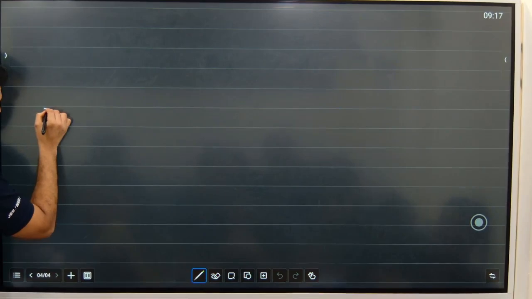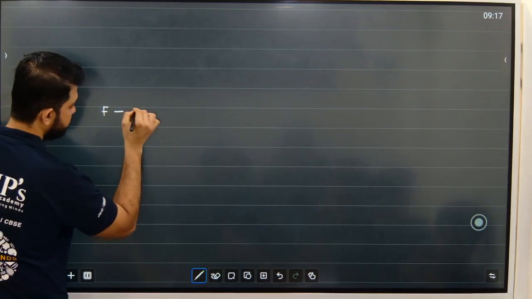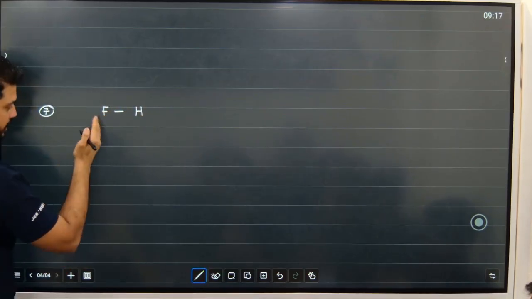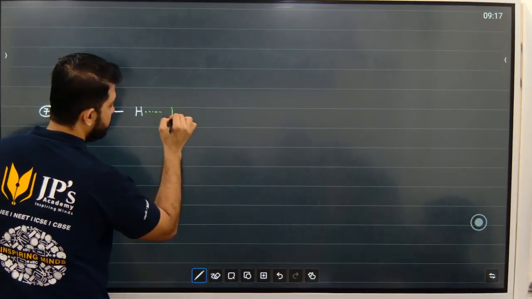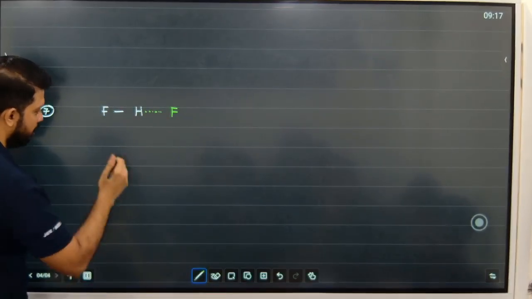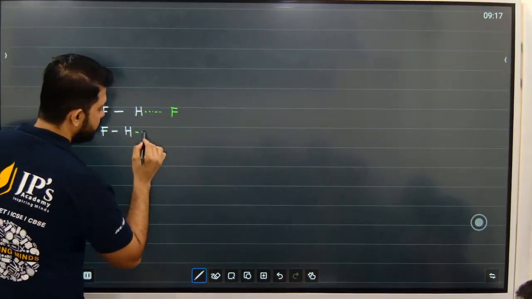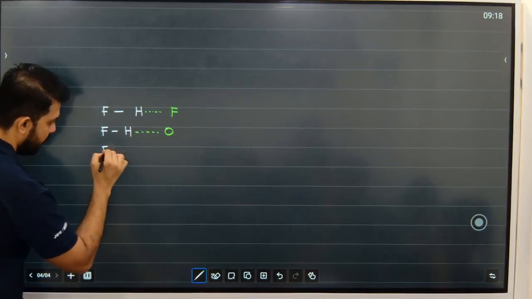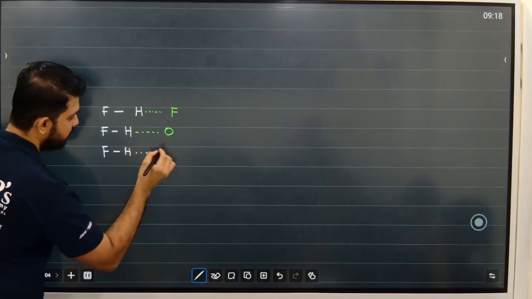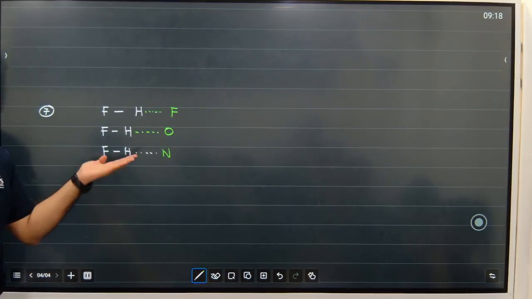So for example, I have, let's say, fluorine and hydrogen, HF molecule. This can have a hydrogen bond with F, or with oxygen, or with nitrogen.